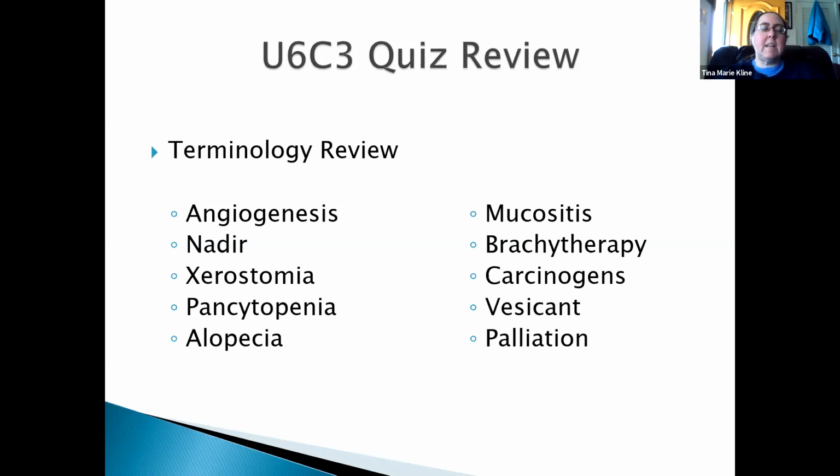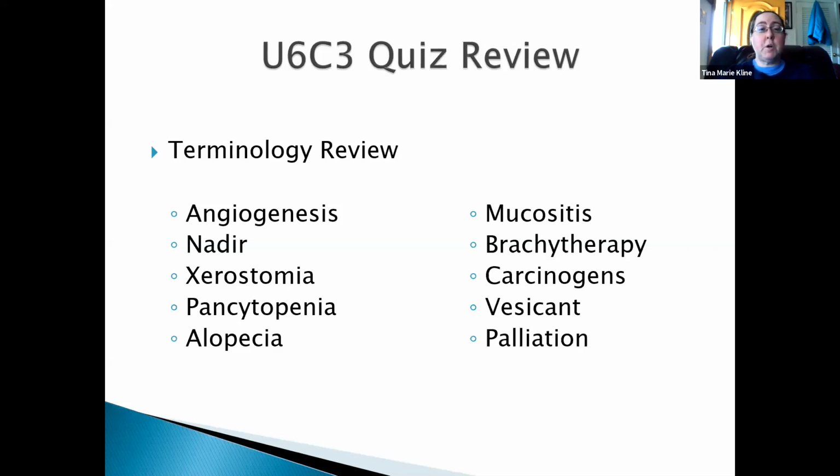This is part of the disease process. The metabolism rate of the cancer cells is so much higher than a normal cell. So between that and the growth of these new blood vessels, essentially giving itself its own blood supply, it's using up a lot of the patient's energy and calories, which is why they have that unexplained weight loss. So that's angiogenesis, the ability of cancer cells to create their own blood supply.